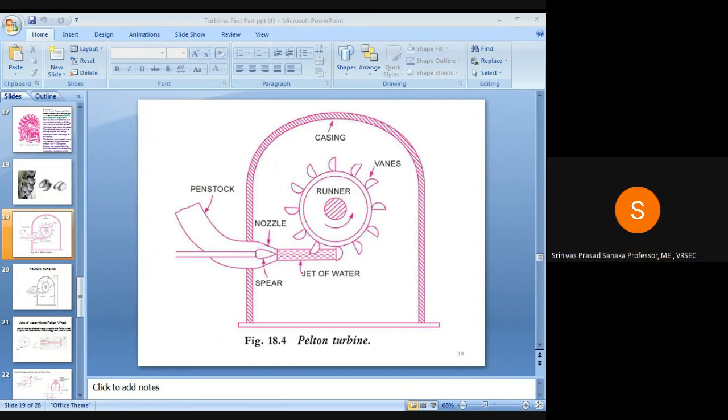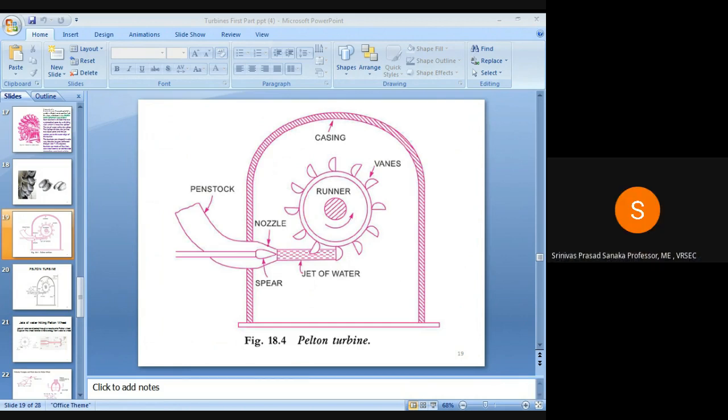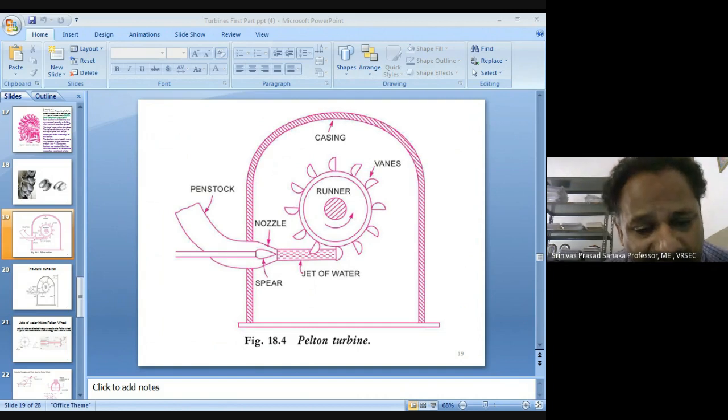In this diagram, there is a casing. Actually, for impulse turbines, the casing does not have any hydraulic function, but it will prevent the splashing of the water, and it will provide safety for the crew working in the power plant.